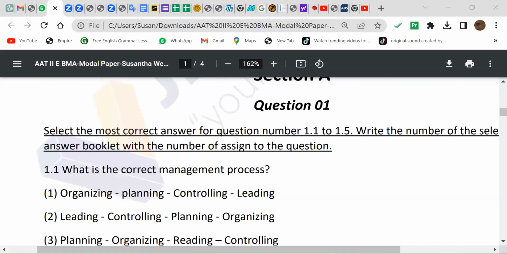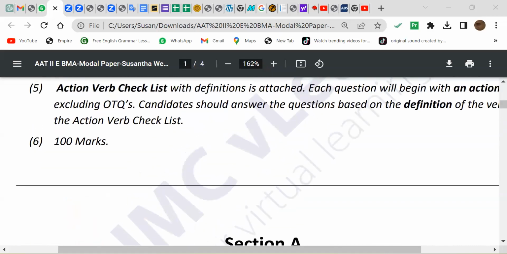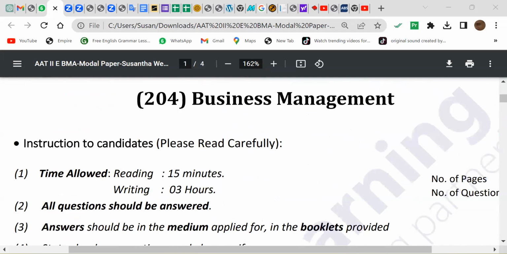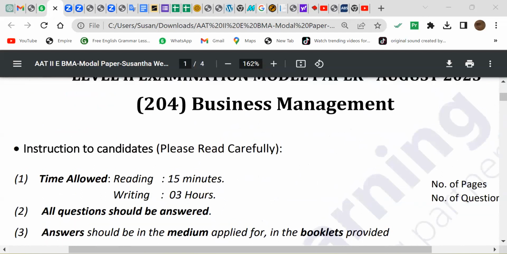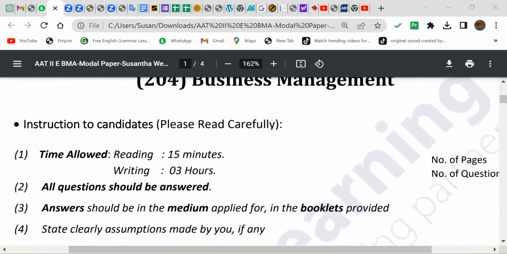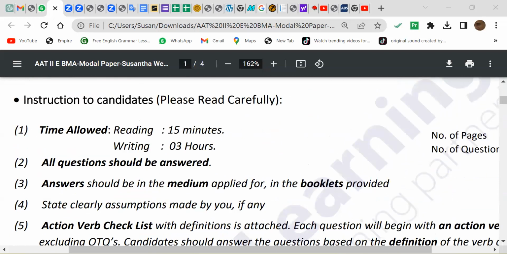Okay, now first of all, we'll discuss the structure of the paper, right? The Business Management paper normally gives you 3 hours to write and 15 minutes allocated for reading. Don't forget to read the paper. It is up to you how much time you use for reading and how much for writing.